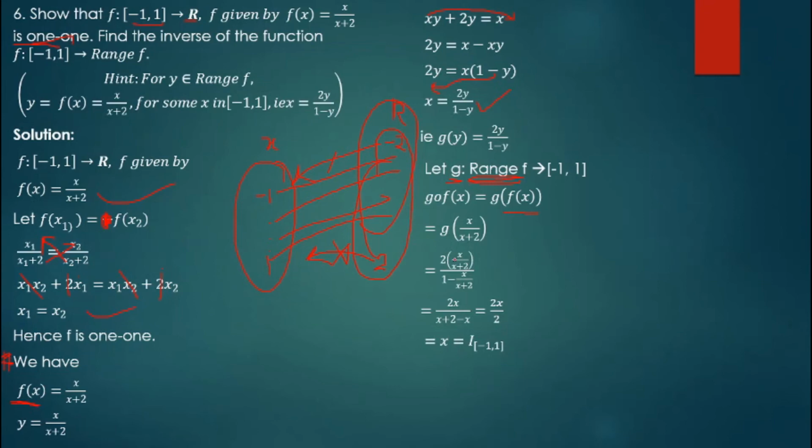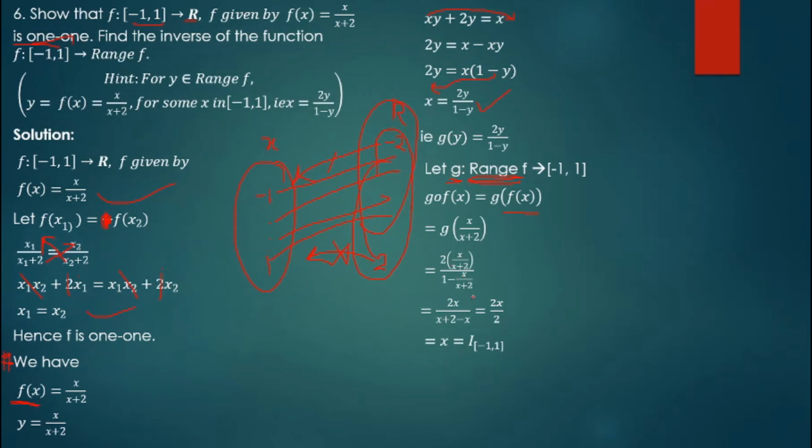So instead of y we will write x by x plus 2 by 1 minus, again we have 1 minus y, so x by x plus 2. So again in the denominator case we cross multiply, so here we have 2x by x plus 2, and here we have x plus 2 minus x by x plus 2.